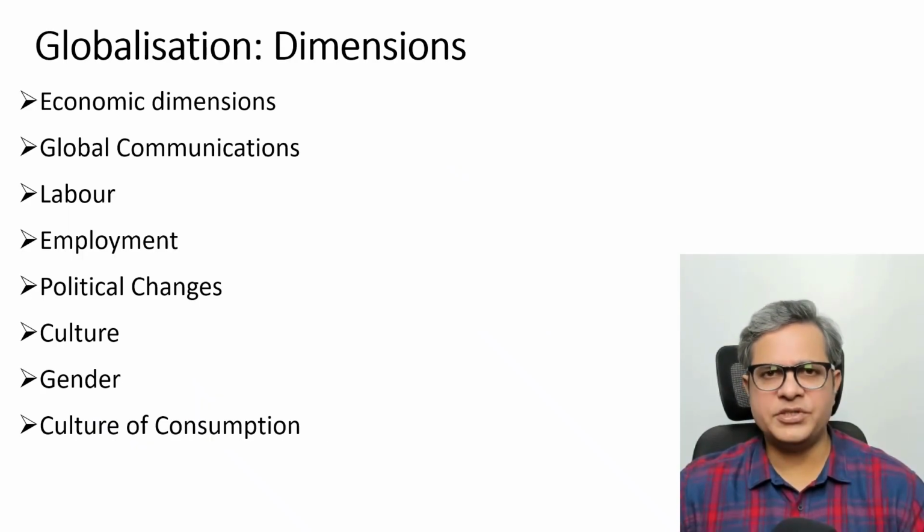Dimensions of globalization. The sociology of globalization encompasses a wide range of interconnected areas. When it comes to sociology, whenever you are looking in depth at a certain point, you must always carry four words: social, economical, political, cultural.